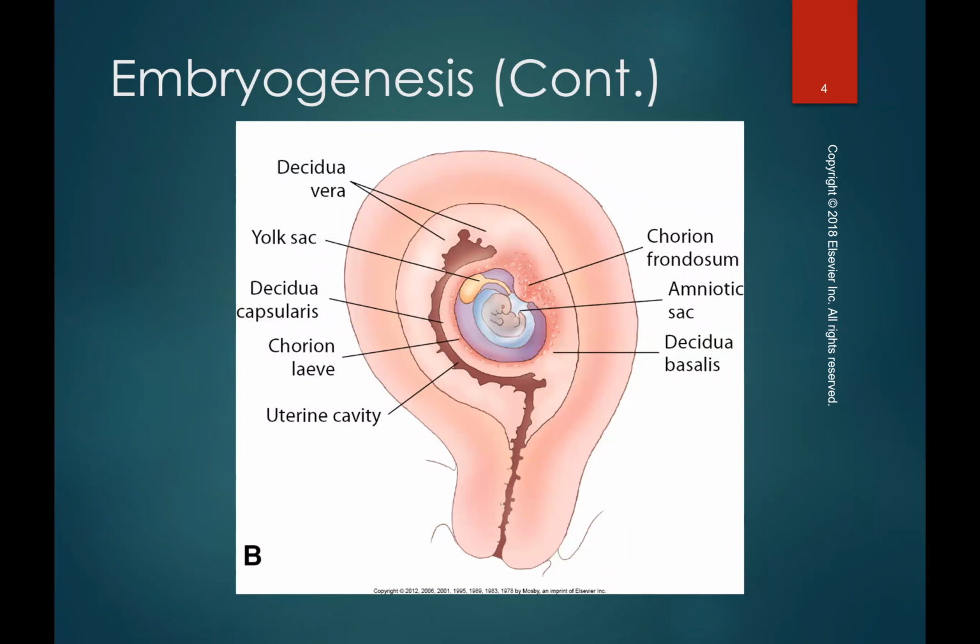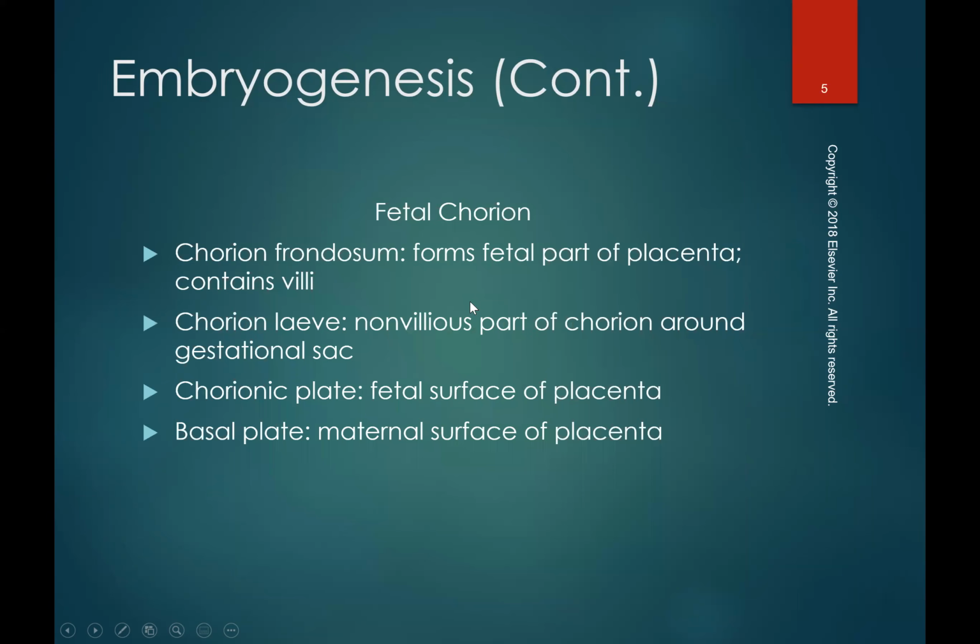Picture. This is the little embryo within the amniotic sac. Yolk sac right here. So the fetal chorion, the chorion frondosum, forms the fetal part of the placenta.